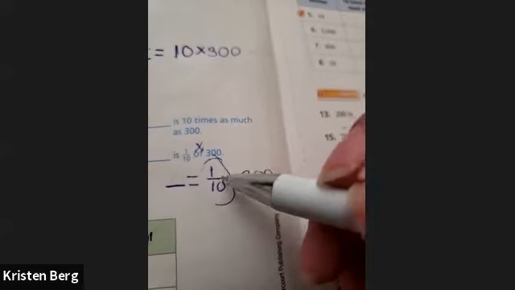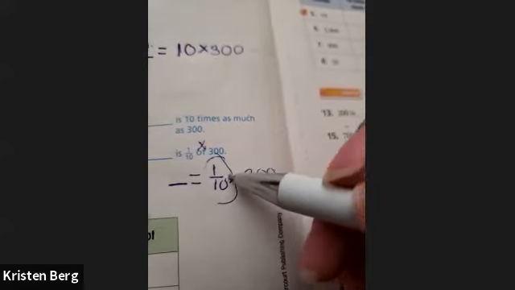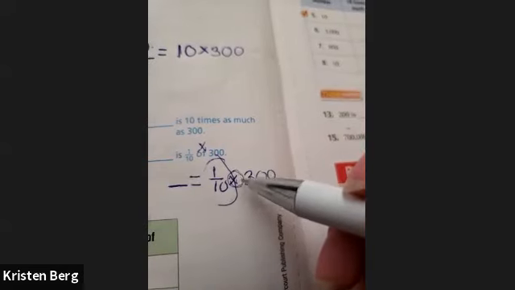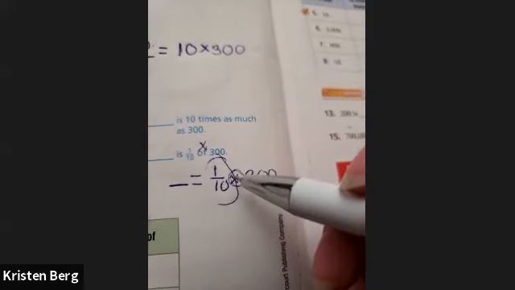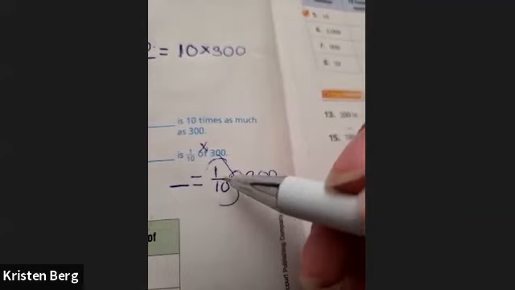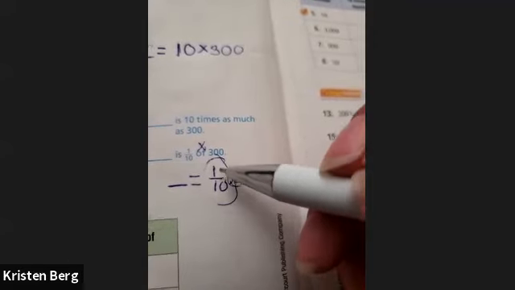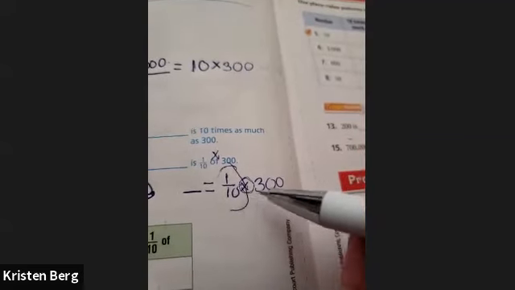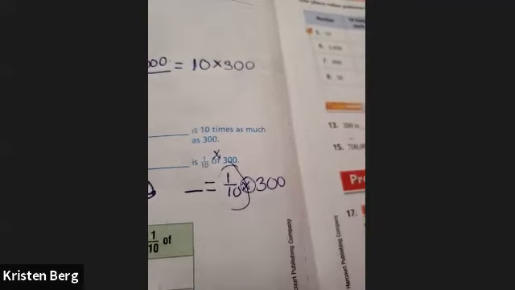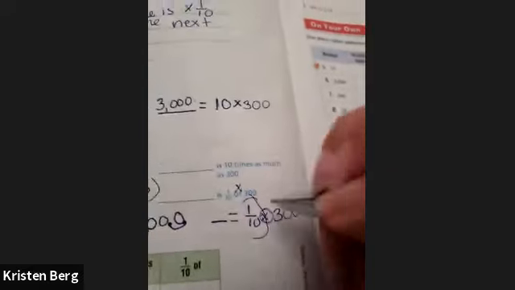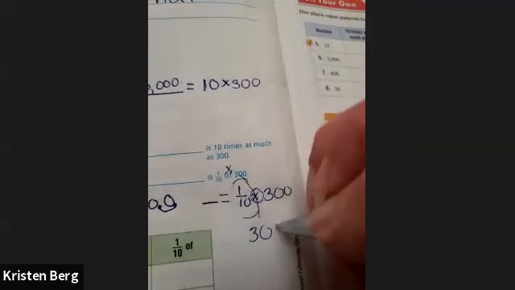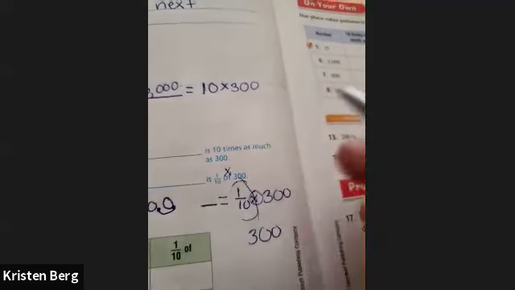It's going to make it smaller. Keep that in mind. I know this is going to be very confusing because it will have a times. So a lot of kids are like, but it says times, so it's going to make it bigger. No, but what are you timesing by? You're timesing by a number that is smaller than 1 whole. So you're actually making this number smaller by 1 place. So technically speaking, you are taking 300 and you are making it smaller by 1 place.